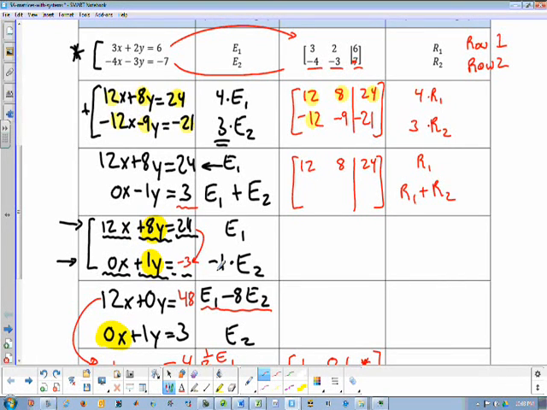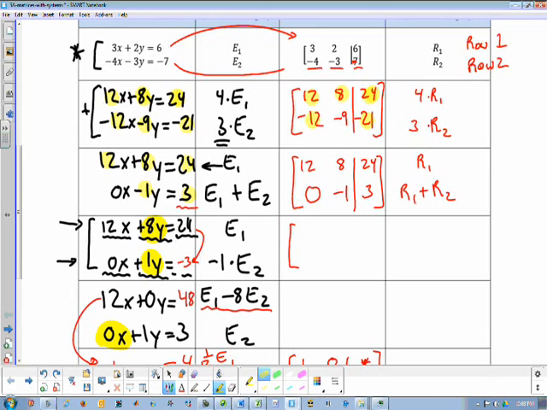We add the rows and we get 0. 8 plus negative 9 gives us negative 1. And negative 24 plus negative 21 gives us negative 3. Okay? And again, you can check over here. It's exactly the same as what we did.